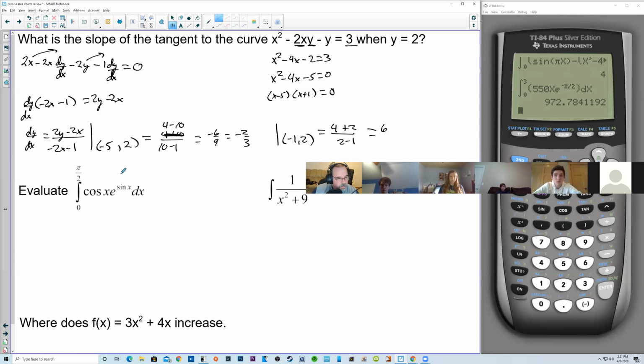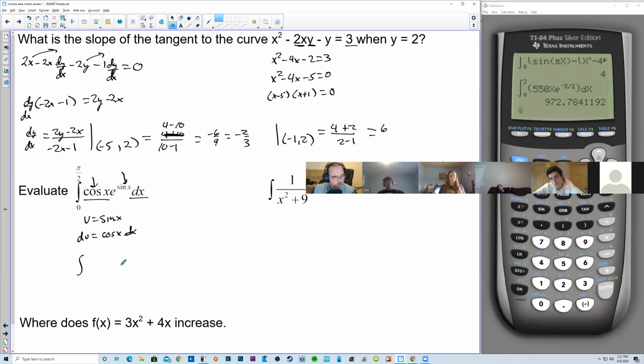Here I see a function and its derivative. So we're going to let u equal sine of x. So du is cosine of x dx. Dx lags a little bit every once in a while. So cosine dx is du.